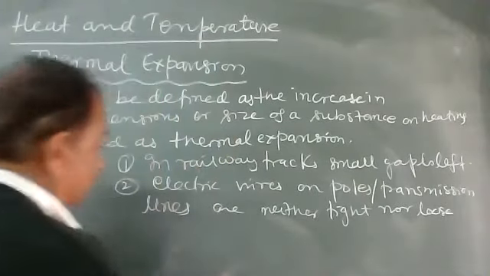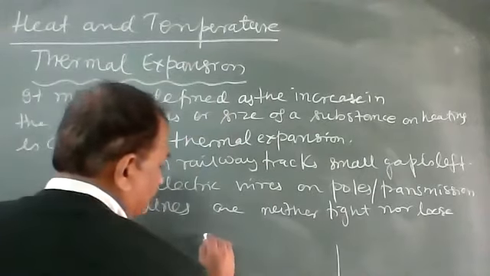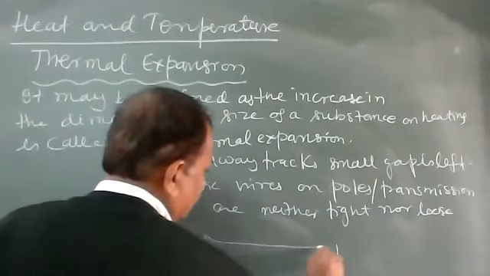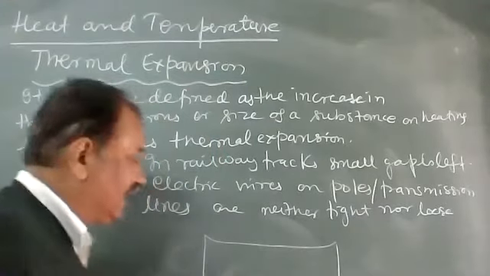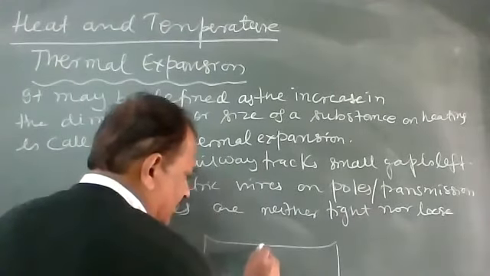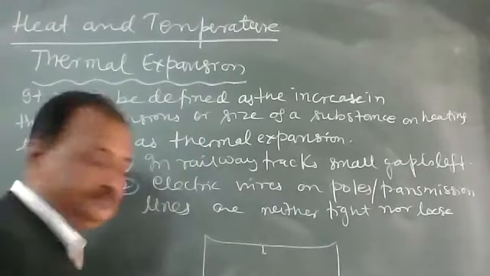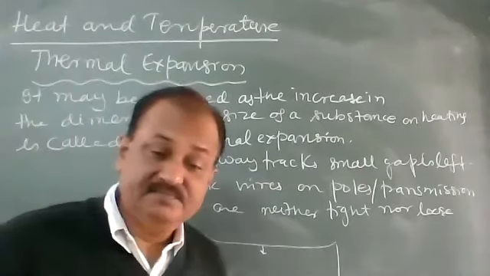So if poles are there and these are the wires, they are kept just like this. Then in summer they come downward slightly, and so there is no problem.